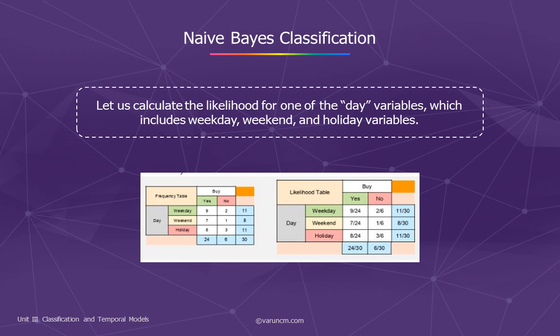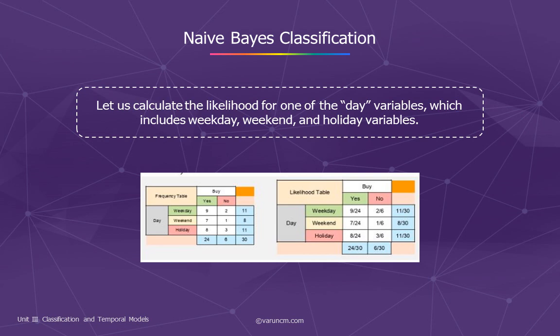In the likelihood table, for the weekday, the first one, consider that the weekday is 9 there, and in the likelihood table you need to consider it as 9 by the total number of buys.